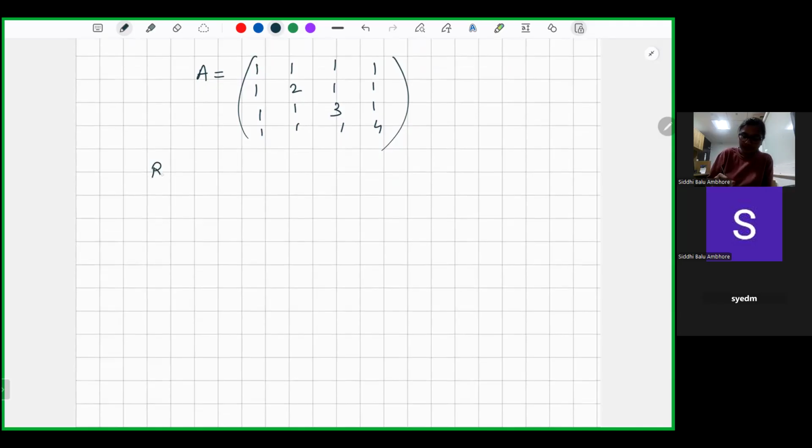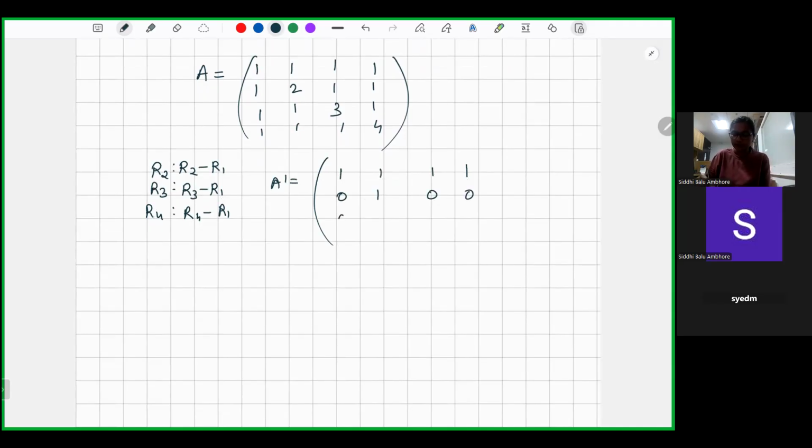What we will do is first R2 to R2 minus R1, R3 also R3 minus R1, R4 also R4 minus R1, and I will get this new matrix A dash, and this will be 1 1 1 1, and 0 1 0 0, right? 0 0 2 0 and 0 0 0 3.